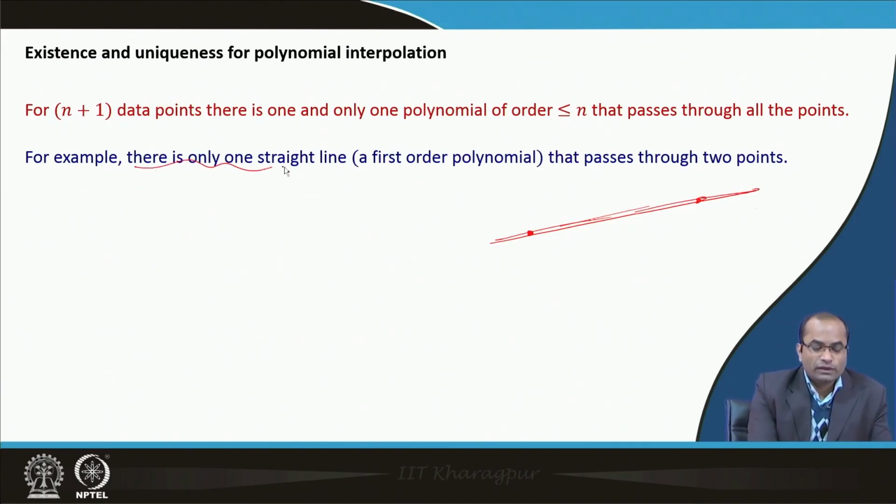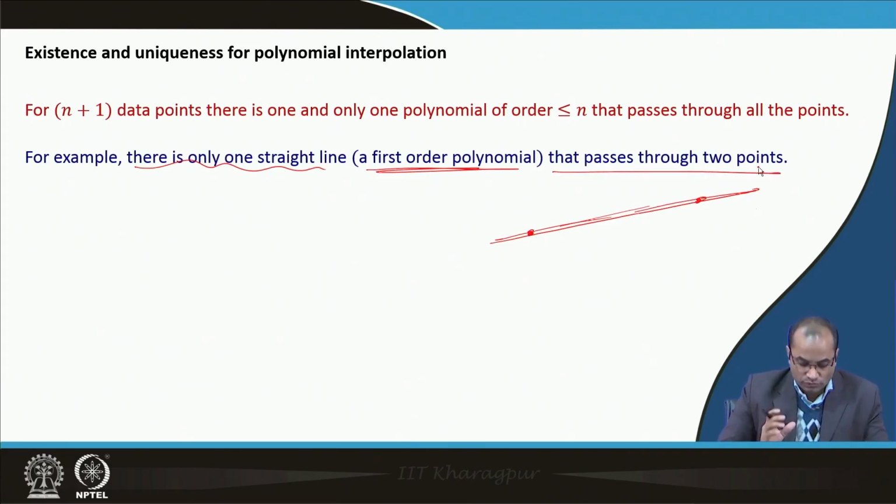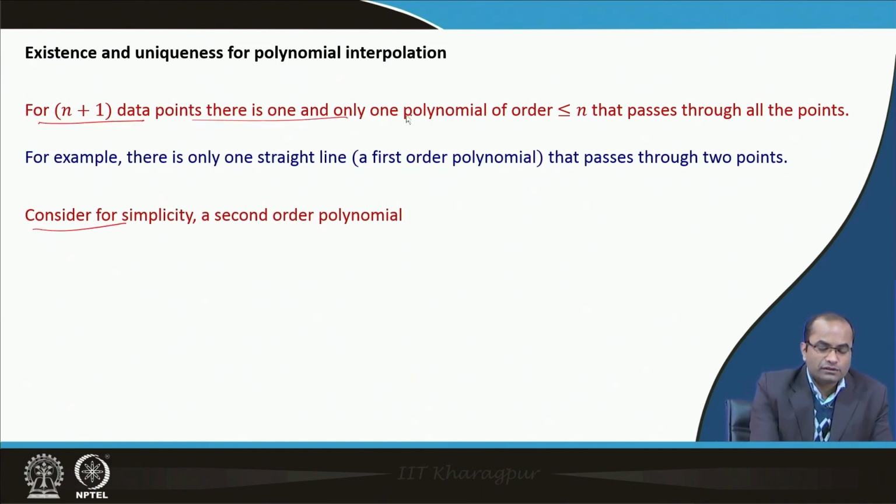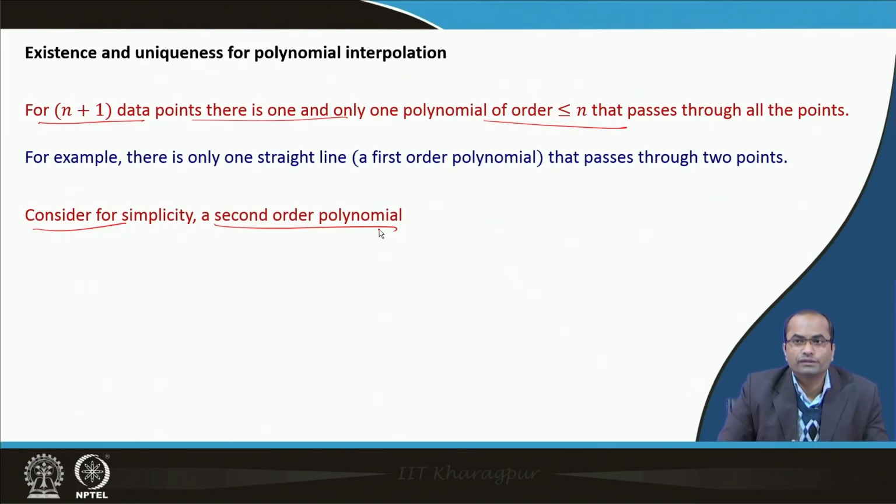So, there is only one straight line, a first order polynomial in this case, when 2 data points are given, that passes through the given 2 points. So, now to prove this result, which is true for a general n, we will consider a second order polynomial. We will prove this for a second order polynomial, and one can extend this for nth degree or order polynomial.